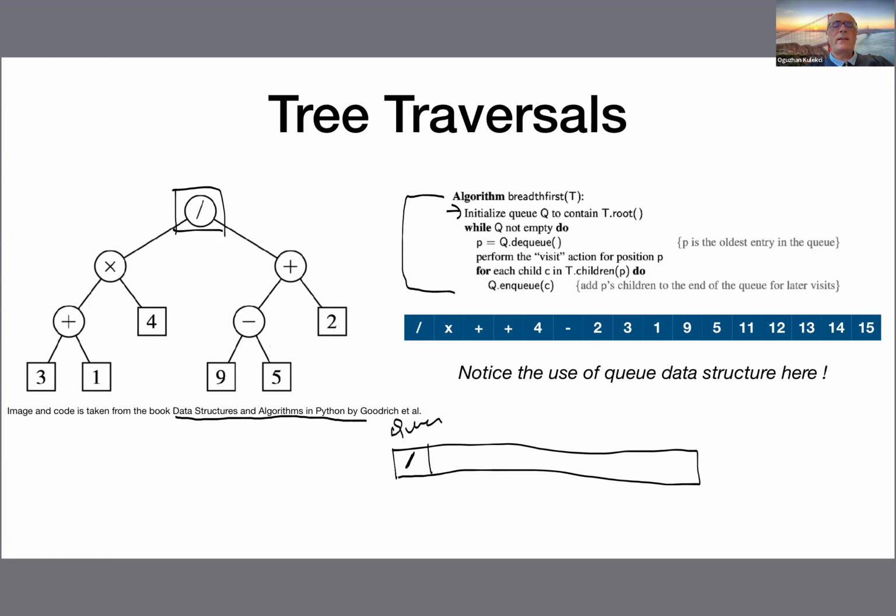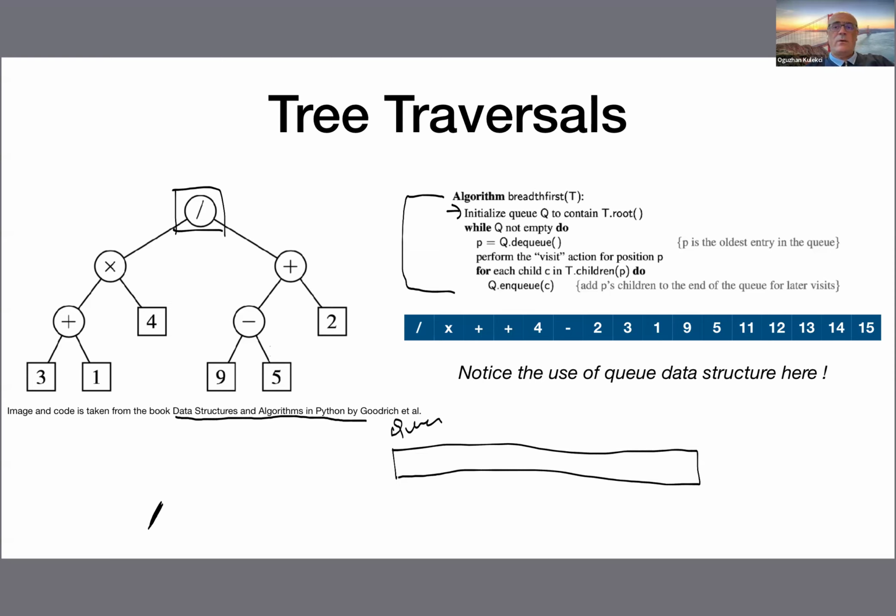Once I have this queue initialized, I will start. First, I will dequeue from this queue, which means I will get the first item that has been inserted into this queue. What is it? It is the root node itself. So I dequeue and print it. Okay. So once I print it, I dequeue. So this is gone. Okay.